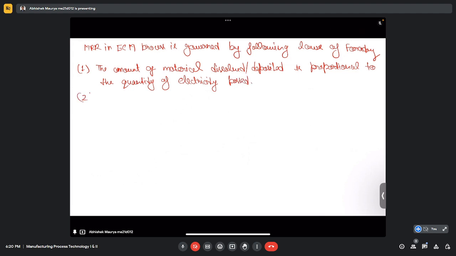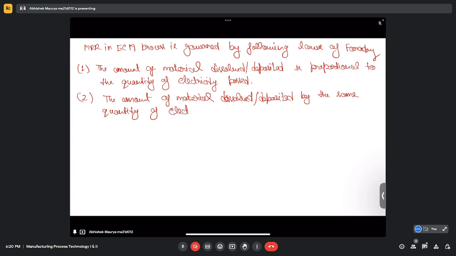And the second law was: the amount of material deposited or dissolved by the same quantity of electricity is proportional to their chemical equivalent weight.